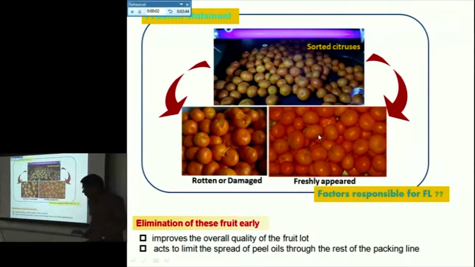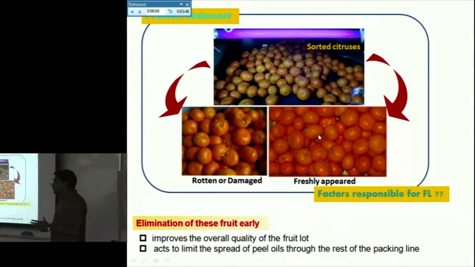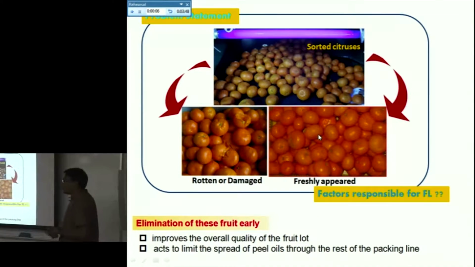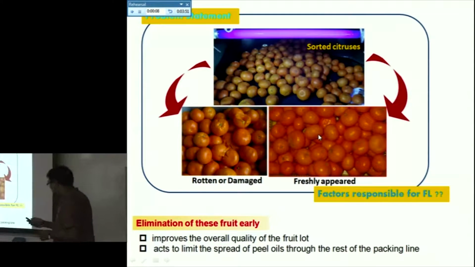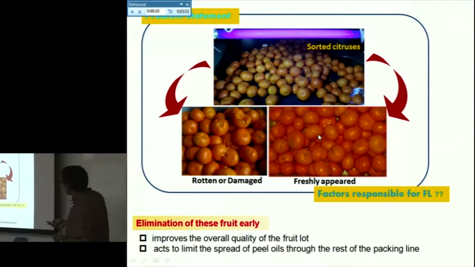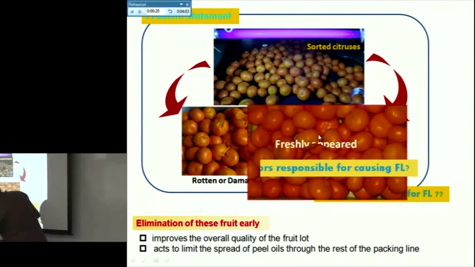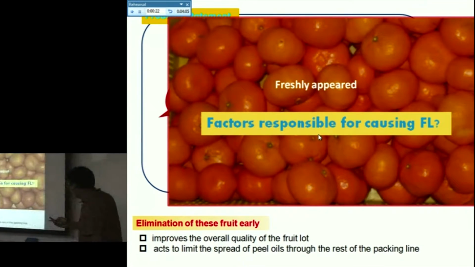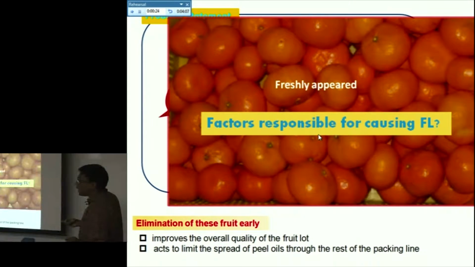However, while processing numerous lots of fruit, we noticed that apart from damaged or rotten fruit mainly caused by biotic factors, there were some citrus that fluoresced and were detected by the system even though their external appearance was fresh or normal to the naked eye.